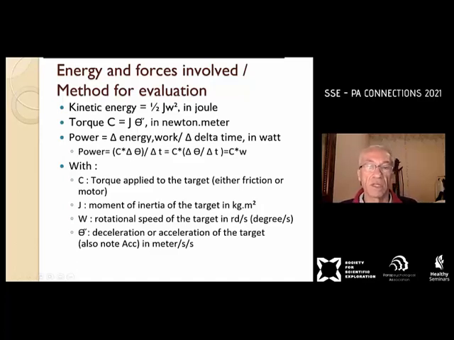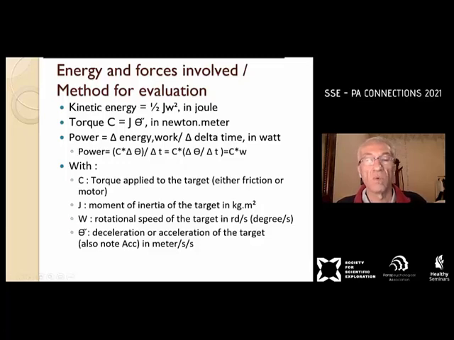So this is for the kinetic energy. Then we calculate the torque. When you have to turn something, you have to apply a torque, and the torque is given by the moment of inertia, the same as here, multiplied by the acceleration.